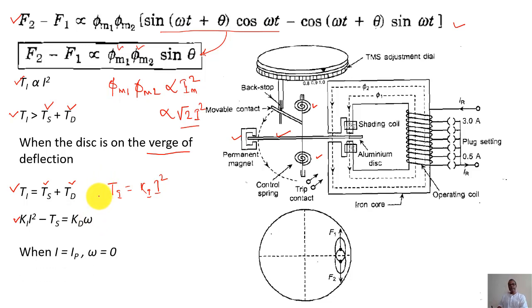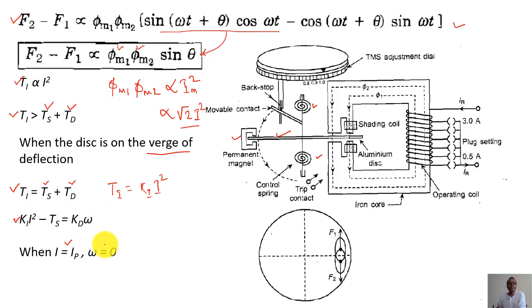Now at the verge of deflection, your omega is 0, right? Or you can say when I equal to Ip, that is at the verge of deflection, your current will be equal to the peak value, right? Not greater than the peak value, it will be equal to the peak value.